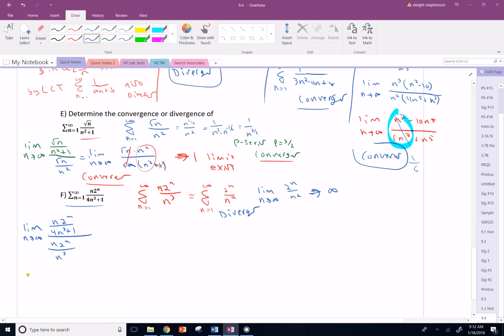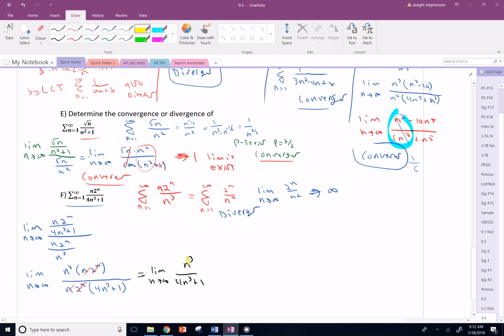All right, so let's clean this up. n to the third is going to be on top, so it's going to be n to the third times 2 to the n over n times 2 to the n times 4n to the third plus 1. Let's do some cancellations. This can cancel that, and this can cancel that, and so we're left with limit as n goes to infinity of n to the third over 4n to the third plus 1.